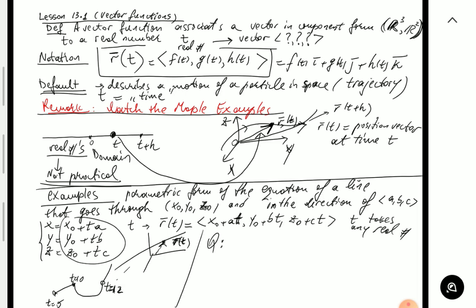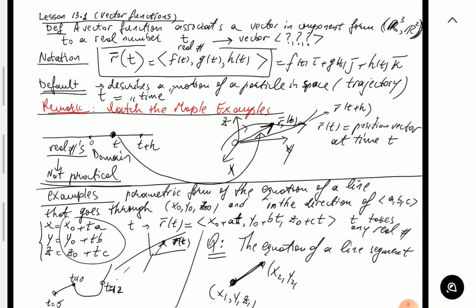Okay, so the question is, how do I actually represent, using a vector function, the equation of a line segment? So in other words, a line that doesn't extend indefinitely, but just goes from a starting point, let's say, of coordinates x1, y1, z1 to the point x2, y2, z2, right? Let's say in this direction like that, from the left point to the right point.